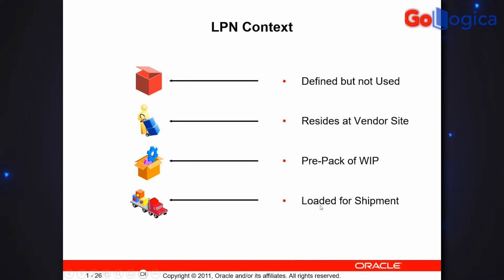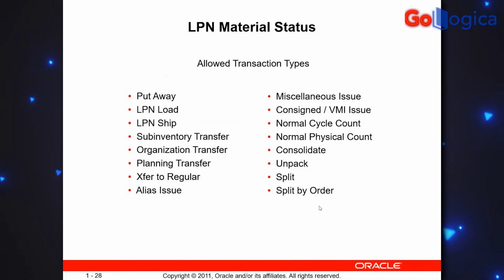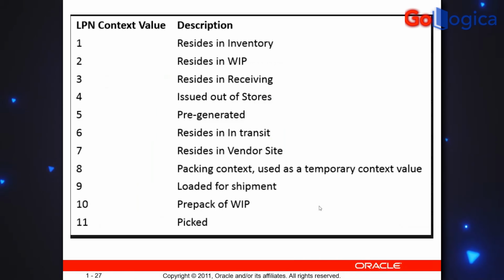There are some that are loaded against a sales order, so loaded for shipment. I have taken a screenshot of the LPN context values. Whenever you query an LPN number in SQL, using your WMS license plates table, you will find an LPN context value against it.